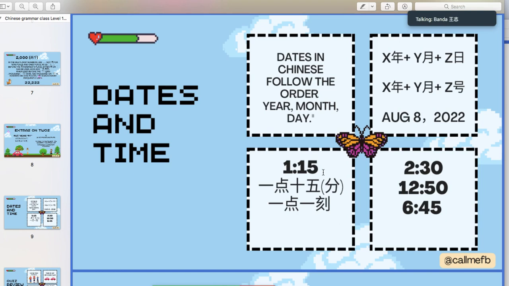So ideally, what we're doing is we're taking the dian part, which stands for o'clock, right? So when it's 1 o'clock, what's the common way of saying 1 o'clock? 1点 or 1点钟?